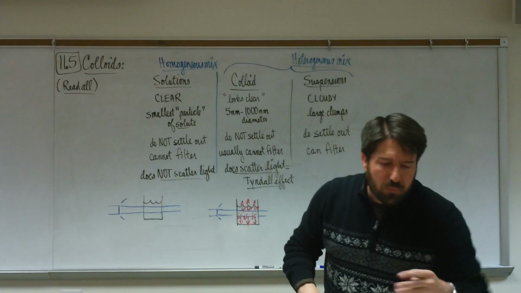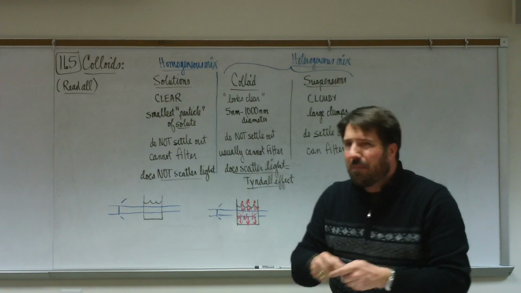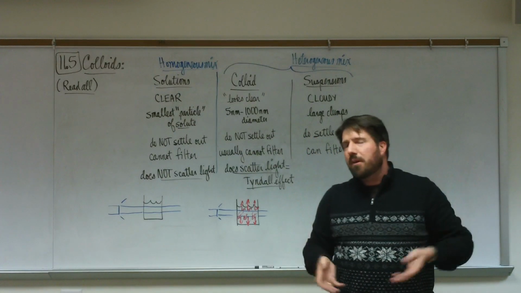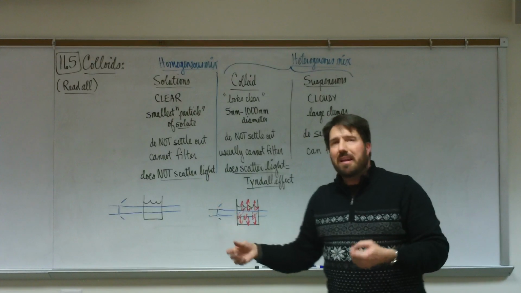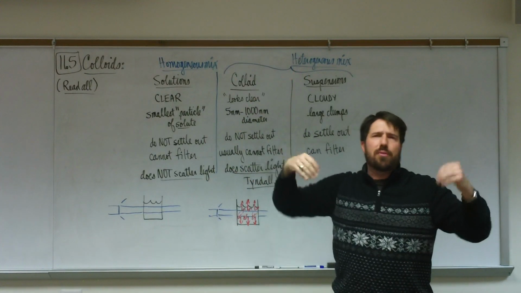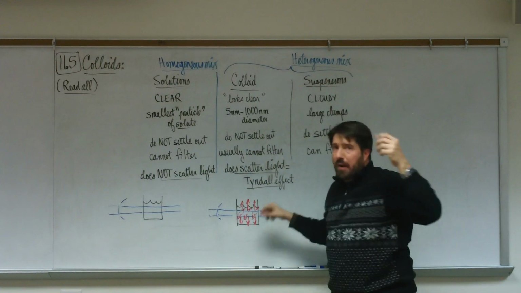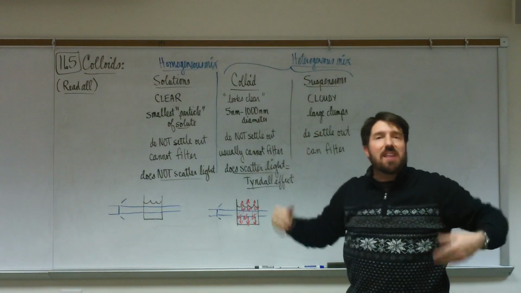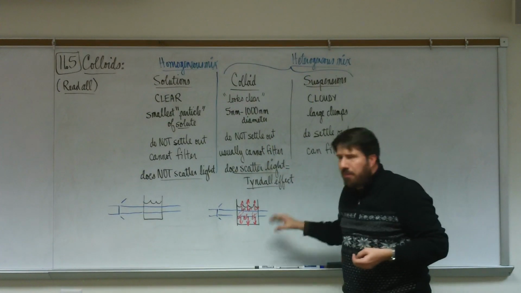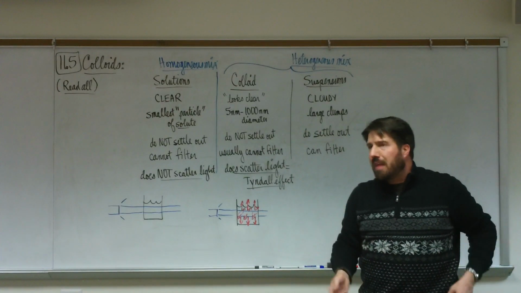You could look in your textbook at figure 11.31 to see examples of this, but I think you can think of some right away. Sunsets, when people say, ooh, that's a pretty sunset. Often they're looking at a colloid, because they see the beams of light going through the air. The beams of light are showing, they're doing the scattering, which means the air up there must have a colloid, probably water droplets in it. Or if you have a fog machine at a concert, you can see the beams of light from some sort of laser show.